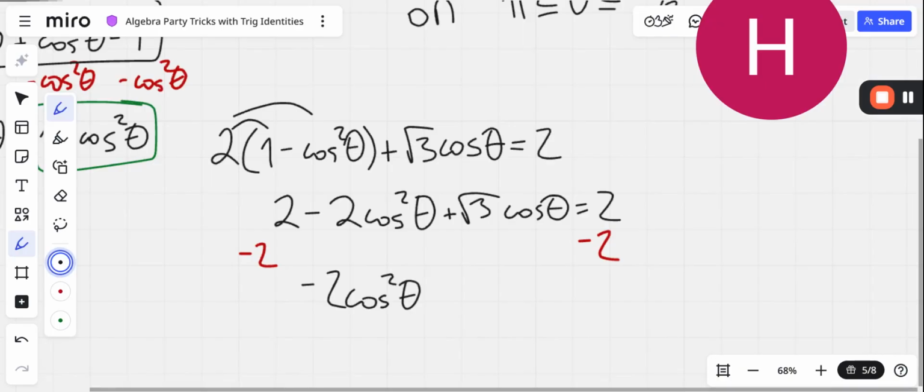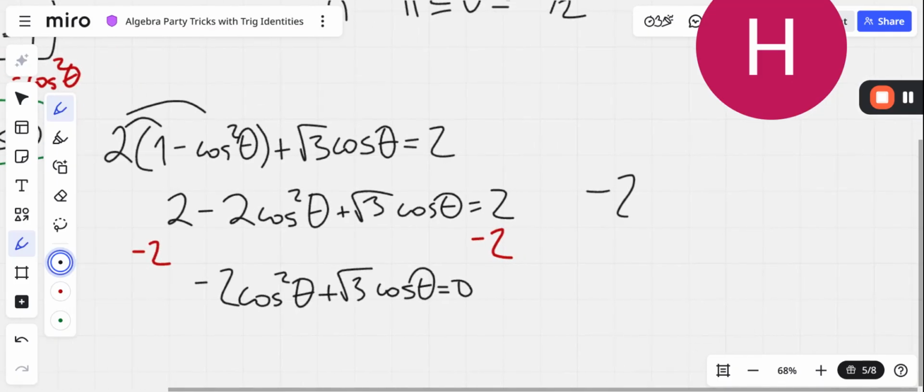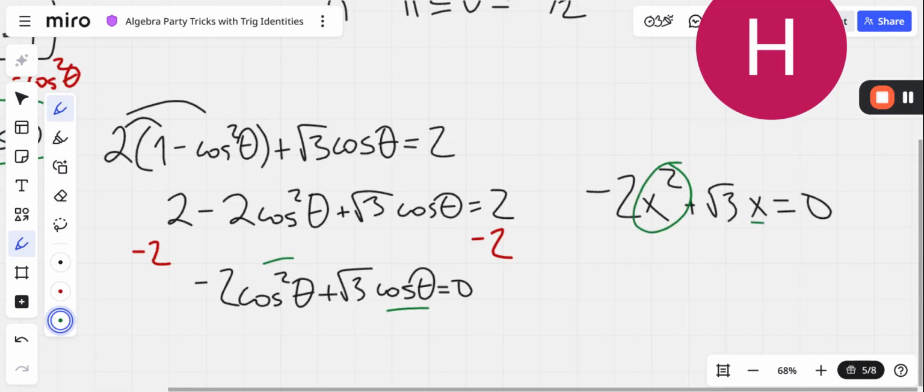Now this is where the algebraic structure comes in. Because this is of the same format as a quadratic, something that looks like this, negative 2x squared plus square root of 3x equals 0. That's basically what we have here. But instead of x, we have cosine theta. Right? So we have cosine theta as our x, and the x squared is the cosine squared.